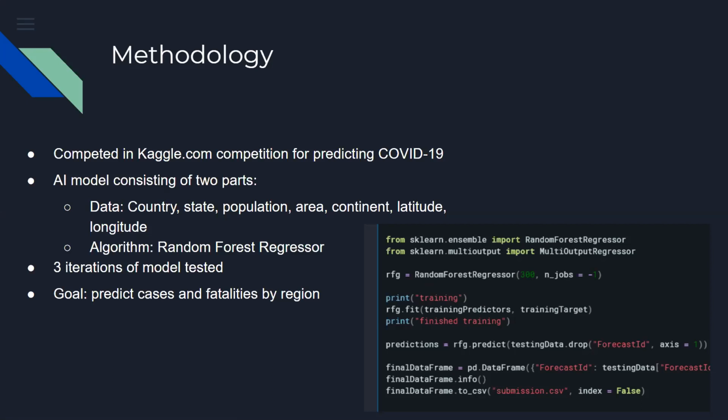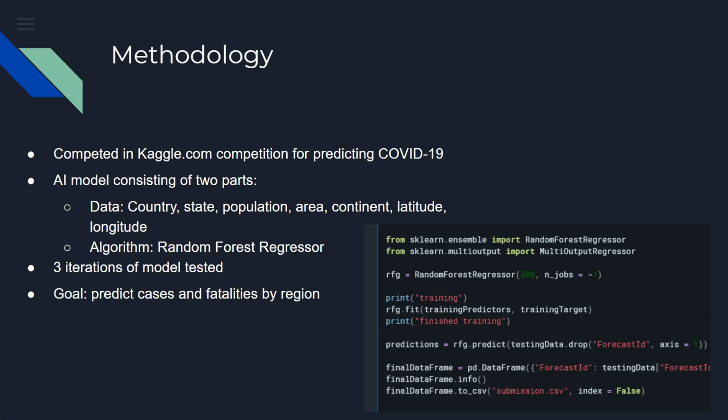The first one was identical to the original iteration that just took the date and the region and made a prediction. The second one would then take the predictions from the first one and try to make further predictions based on that: confirmed cases based on the date, the region, and the fatalities from the first AI, and it would also do the same thing with date, region, and confirmed cases for fatalities as well.